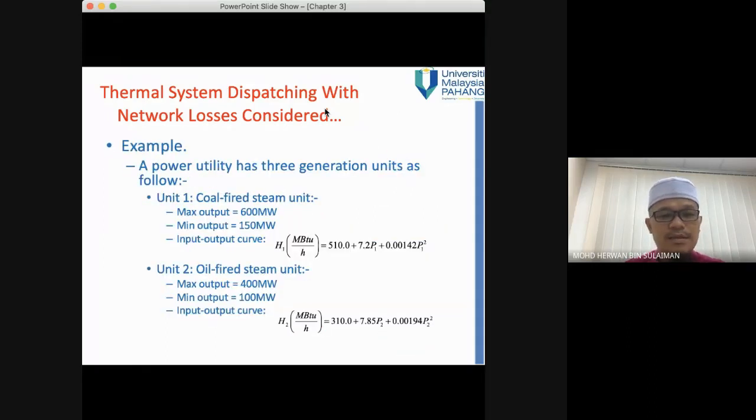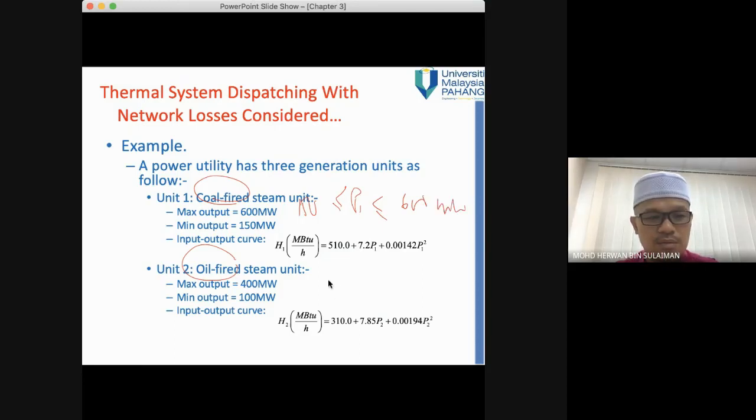Okay, let's say a similar example to yesterday. We have 3 generators. Unit 2 is coal-fired. This one, our P1, must be operated between 150 to 600 megawatts.